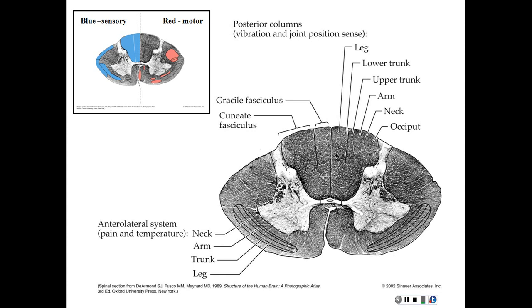Clearly, this has to be a cervical level of the spinal cord, because we actually have our fasciculus cuneatus here, which is bringing information from the upper part of the body, and there's our fasciculus gracilis from the lower part of the body. So leg, lower trunk, upper trunk, arm, and finally the occiput, the back of the head.